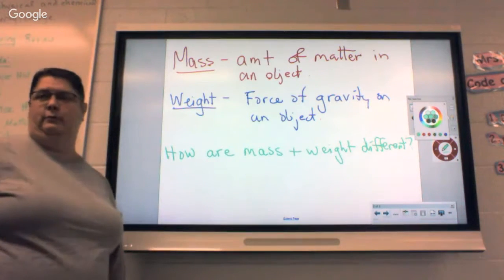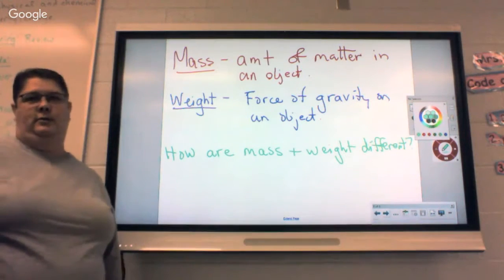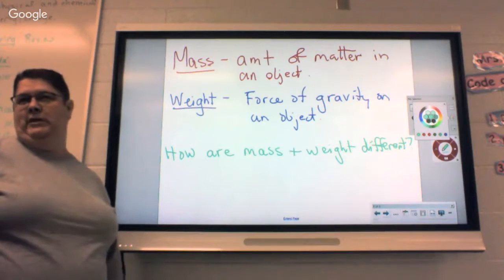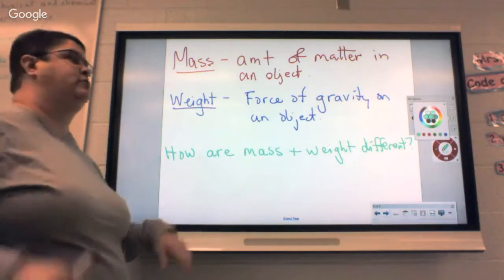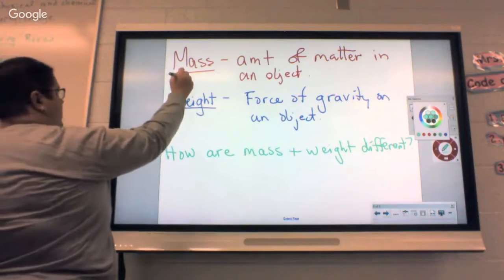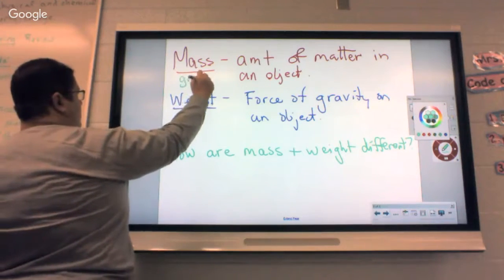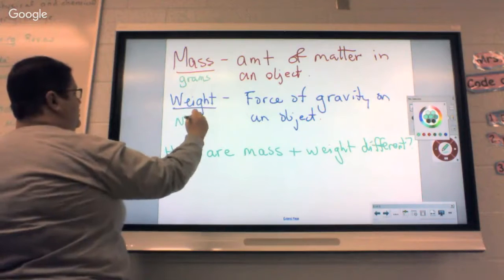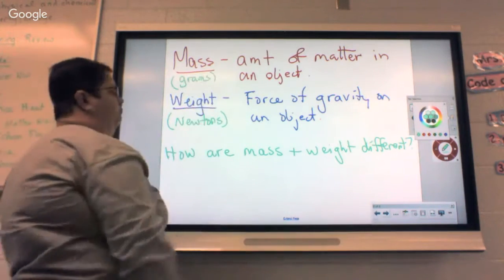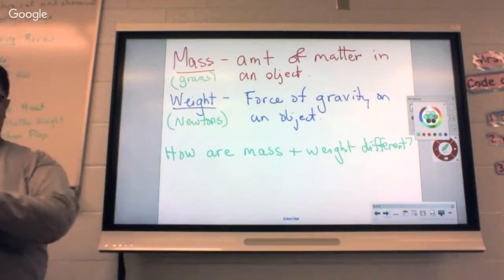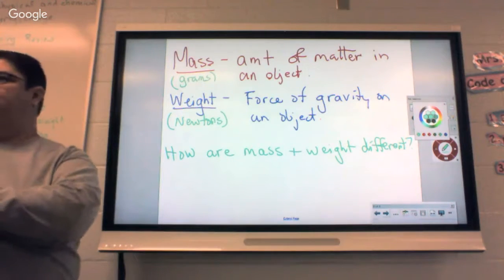Don't give me the definition. Yes, pounds is English, but if I was doing this in physical science, for example, this one would be done in grams, and this one would be done in newtons, in terms of actual use. I'll tell you that, but that's not the reason.